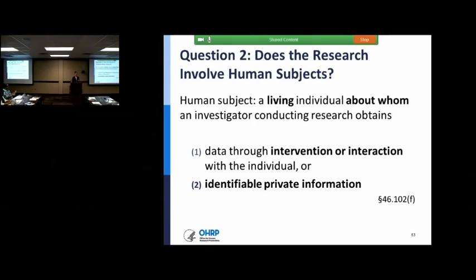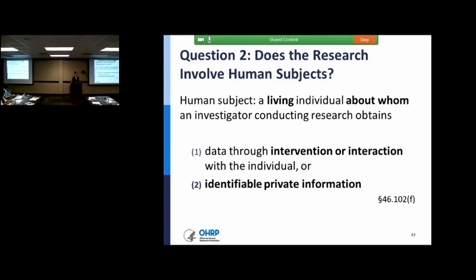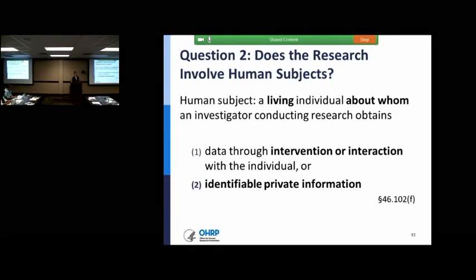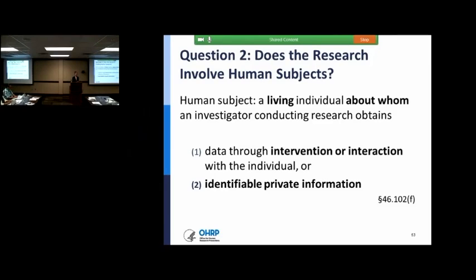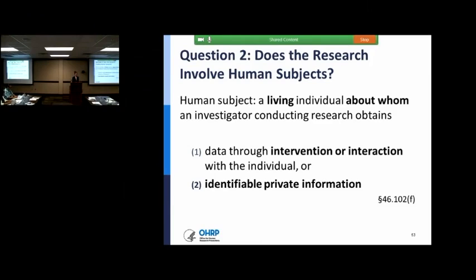So you can see the first aspect, an intervention or interaction, is generally primary research, where you're engaging directly with people. The second can be either primary research or secondary research, which is what Ivor talked quite a bit about, where you have access to someone's information and you have identifiable information as part of that data set.